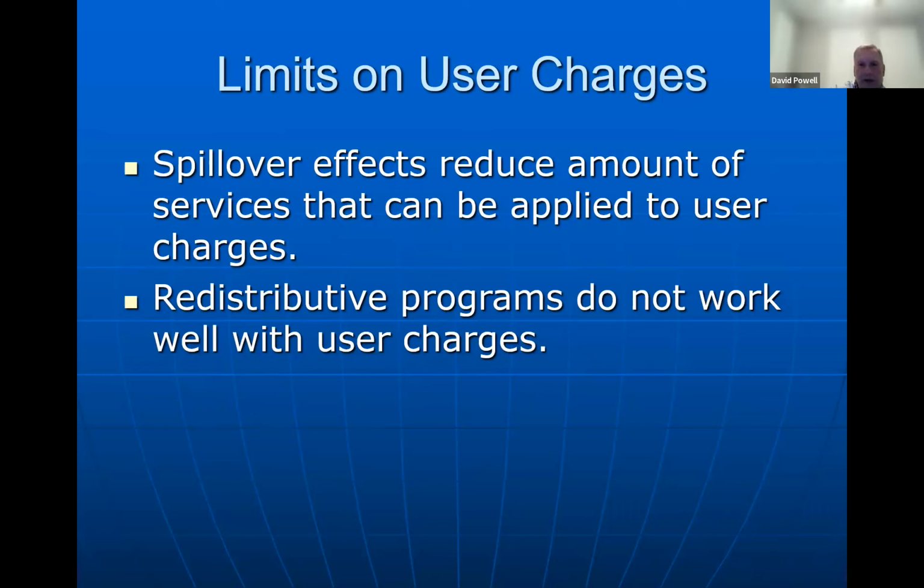And it's hard to identify exactly who's getting a benefit and how much benefit they are getting. What this basically means is that redistributive programs typically do not work well with user charges and user fees. Redistributive programs tend to be paid for with tax-based sources of revenue, and then regulatory programs and distributive programs are the ones that tend to work better with a user fee or a user charge.